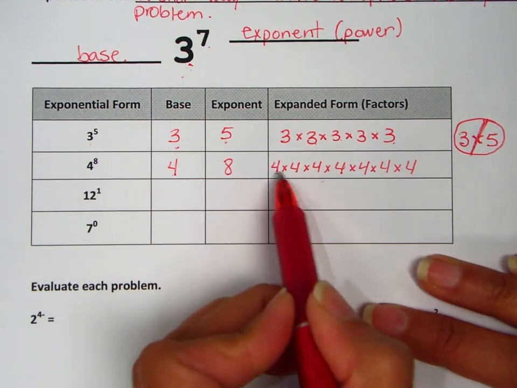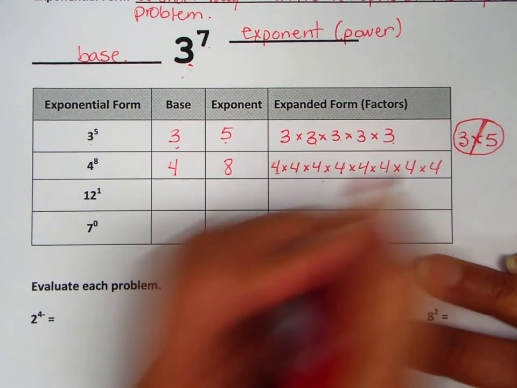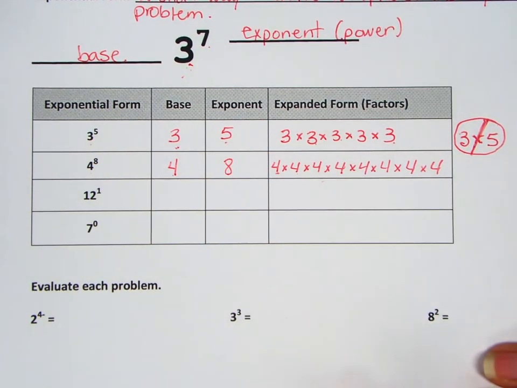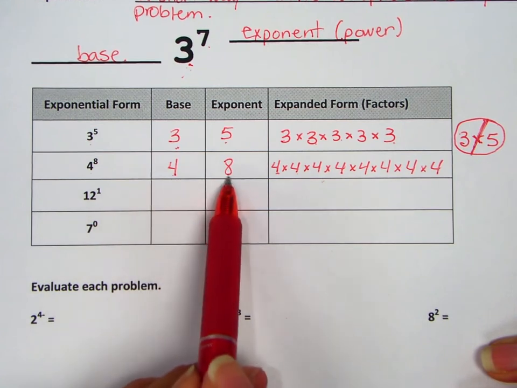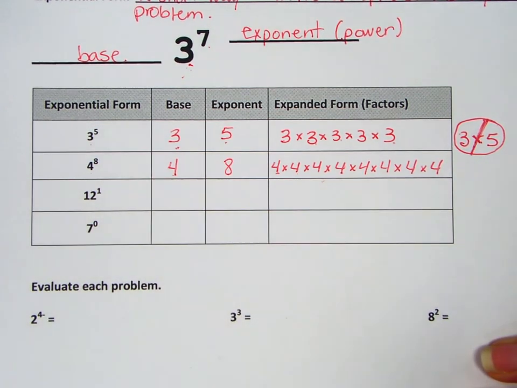Let's count it and make sure. 1, 2, 3, 4, 5, 6, 7. One more. 8. Whew. That is a big multiplication problem. But you won't be expected to multiply that many numbers yet. However, you do need to realize that that is how the exponent gives the base its power.